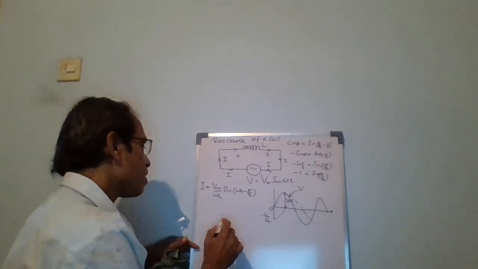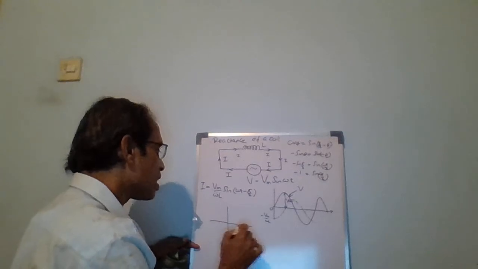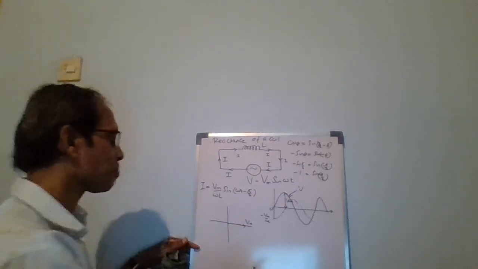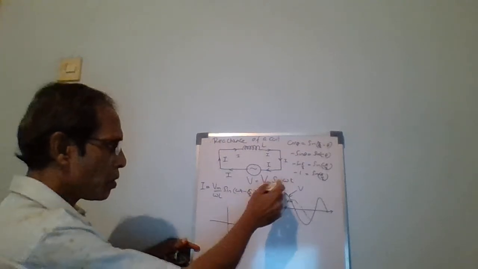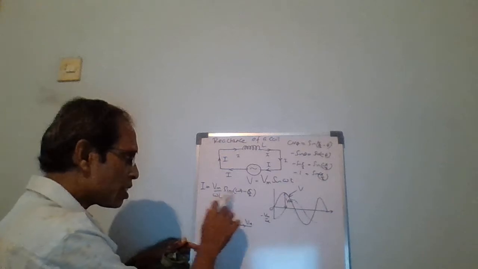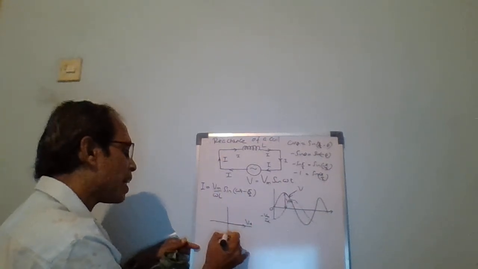Now we can have the rotating vectors. Say this is the Vm. When t is 0, it is at this position. When t is 0, in sin of minus pi divided by 2, the angle is minus pi divided by 2. Here I is there.